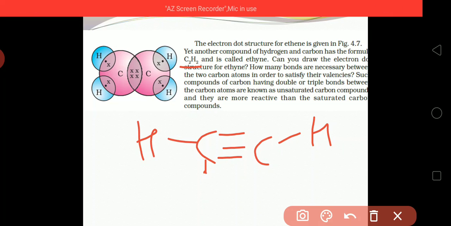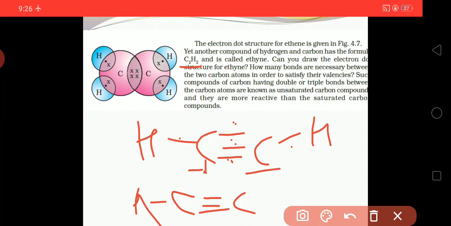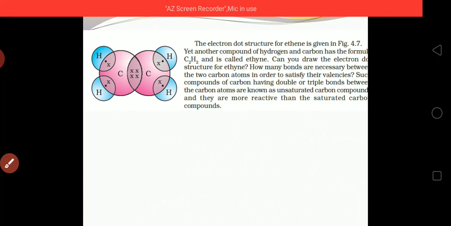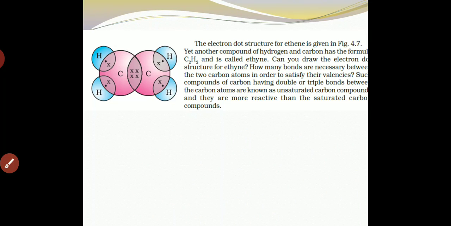So you can see 1, 2 and 3 and 4. The 4 valency of this carbon is set and the 4 valency of this carbon is also set. So the structure of ethyne will be H-C triple bond C-H, which we call C2H2, ethyne. So this was the structure of ethyne.